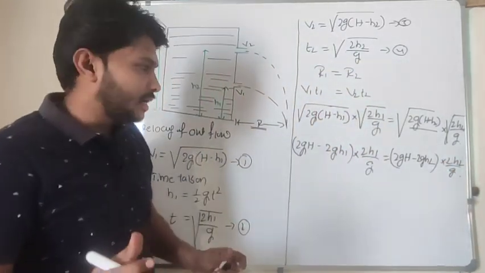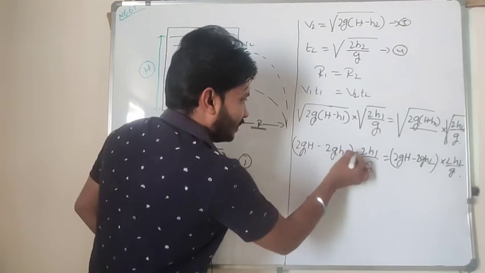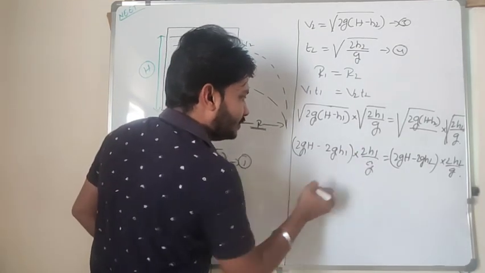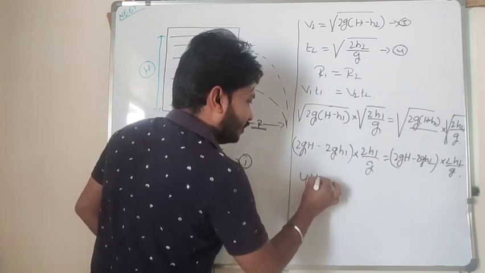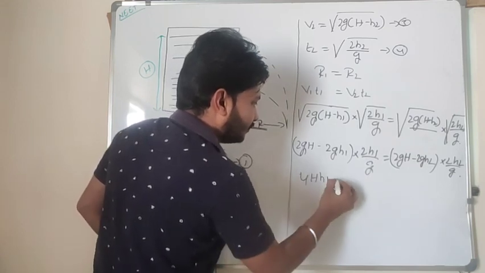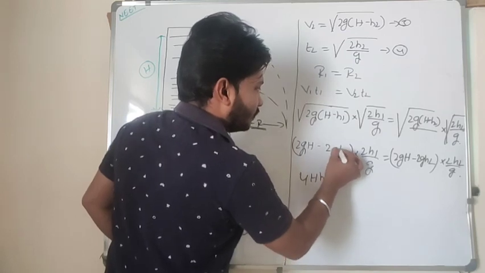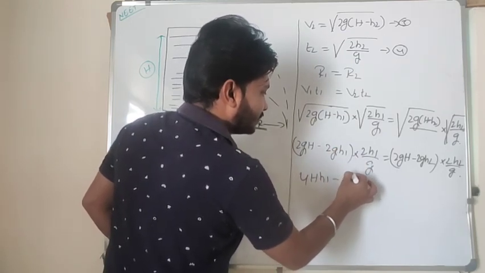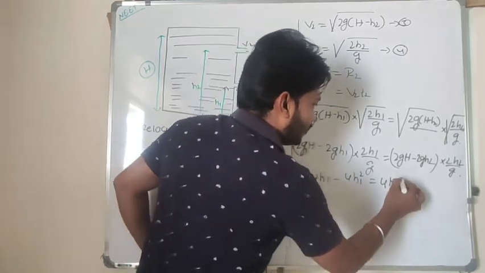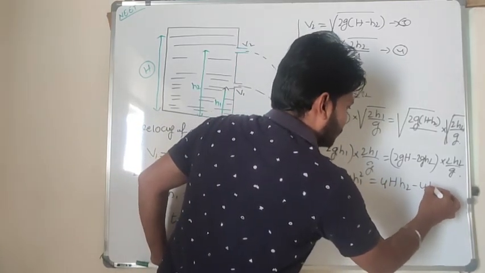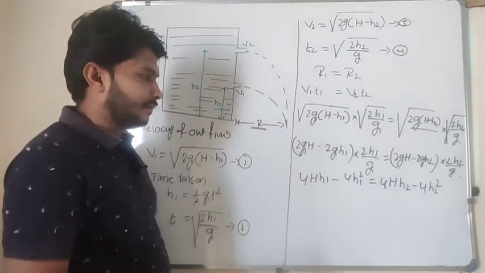This term we will multiply and simplify again. 2 into 2 is 4, and the g term will get cancelled out. 4 H h1 minus 4 h1 squared; here also the g term gets cancelled out. Similarly 4 H h2 minus 4 h2 squared, right?